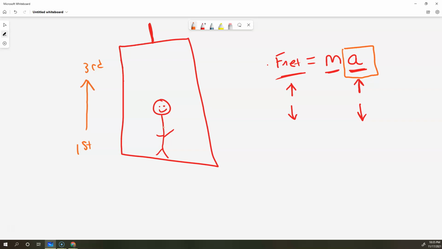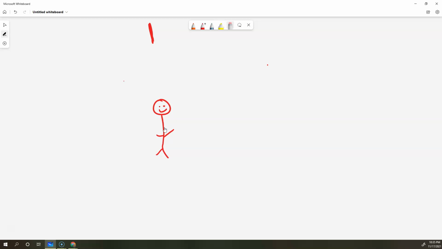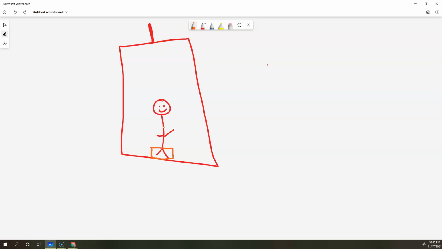Okay, now, knowing that, let's say we have an elevator problem. And it looks like it's going to be really complicated. And it says something like this. You are standing on a scale in an elevator. You have a weight of 120 newtons.